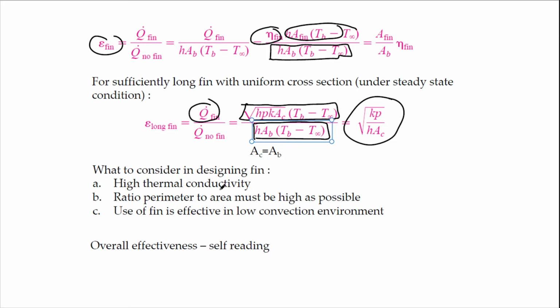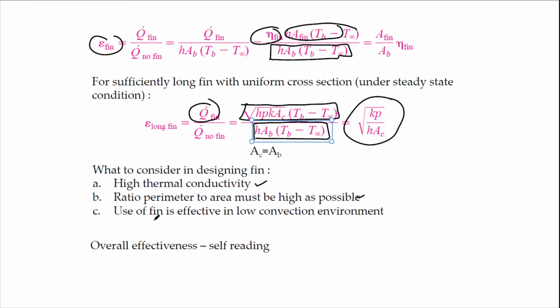In general, when designing a fin, we need to focus on a material that has high thermal conductivity. The ratio of perimeter to area must be as high as possible. The perimeter must be high because we want a larger surface area.